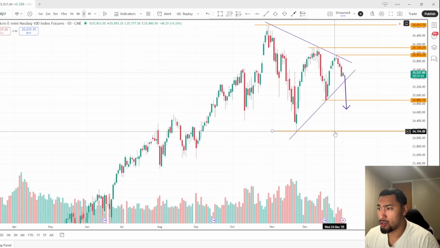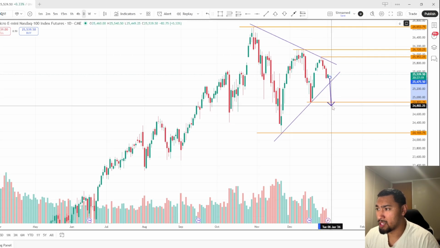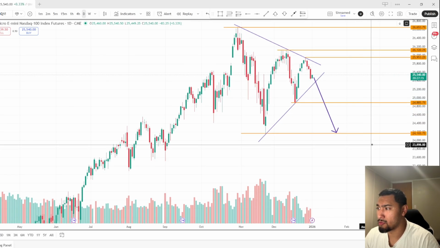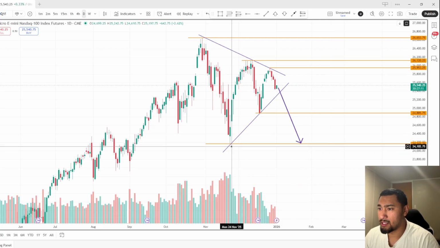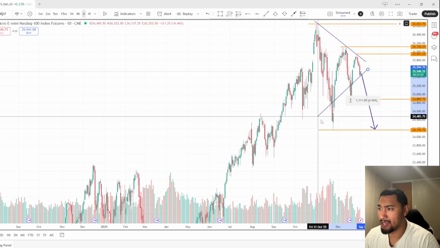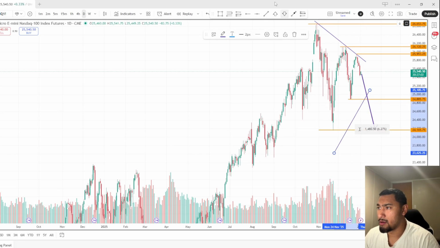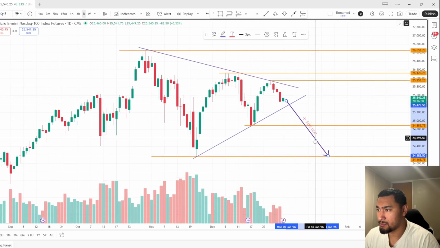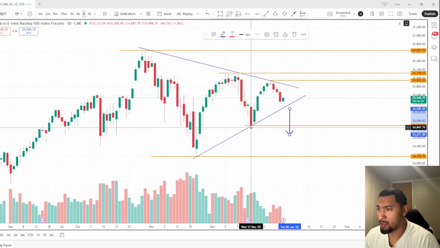So once we break below this, we can technically short all the pops all the way back down to 24,180, 24,200, this big level down here. We have nothing but room back down. So essentially, for puts, we need to break below this level.